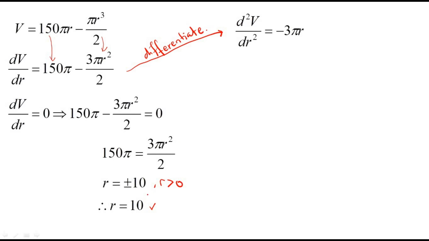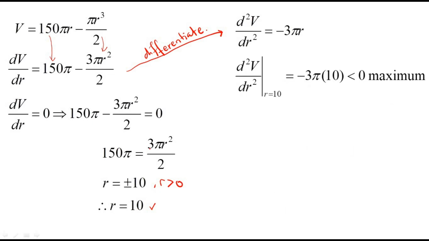Now, to check whether r = 10 is the maximum radius, we just substitute r into our second derivative equation. By doing so, we know that this will give a negative result. Since we get a negative result, we can ensure that this is a maximum value. So we can conclude that r maximum in this case is 10 cm.